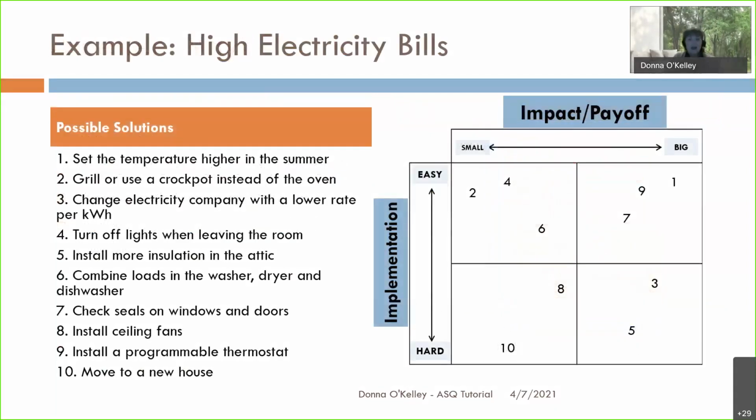So as an example, and I've done this with my class as well, all of us have been affected by the freeze, and maybe we had high electric bills or didn't have any electricity at all. So this is assuming during the summertime or when the weather gets a little warmer that you might have high electricity bills.